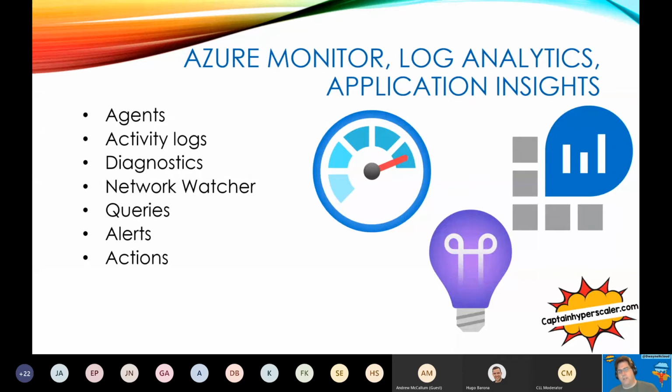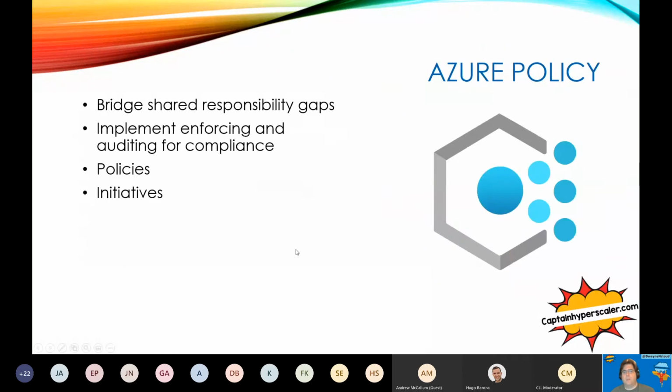There's the Network Watcher service that gets your traffic logs around your environment, and then you can query those logs and create alerts and actions based on them that feed into different dashboards, or provide insight around additional controls that would be presented in Azure Security Center, or potential anomalies or threats that would feed into a SIEM solution such as Azure Sentinel. And we'll talk about that in a minute.